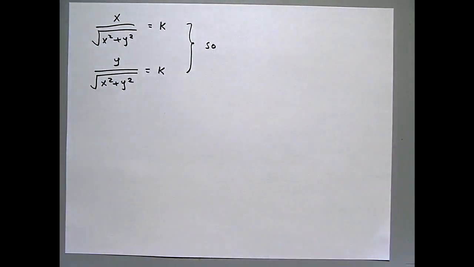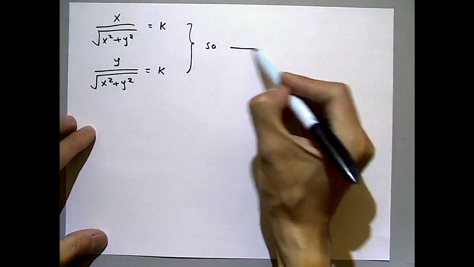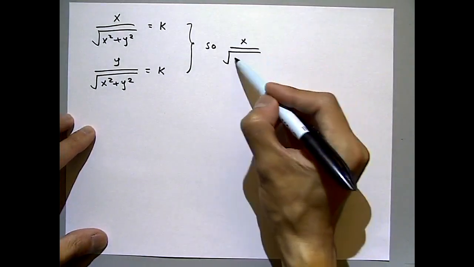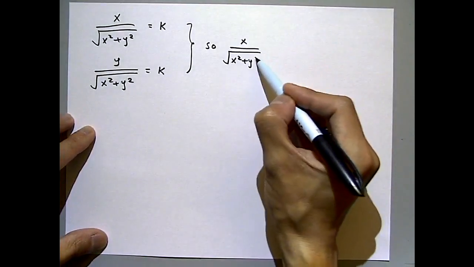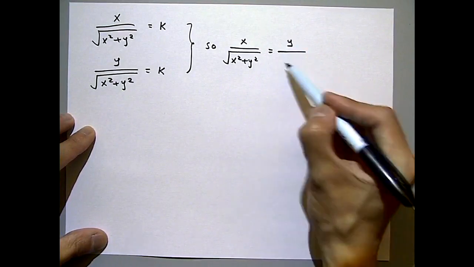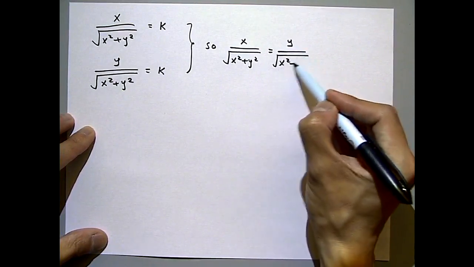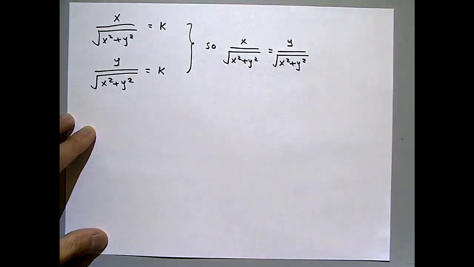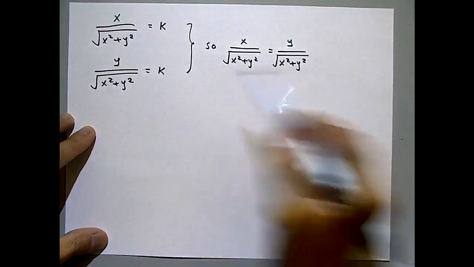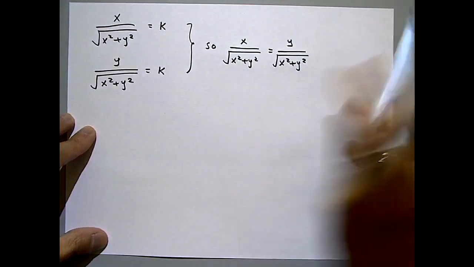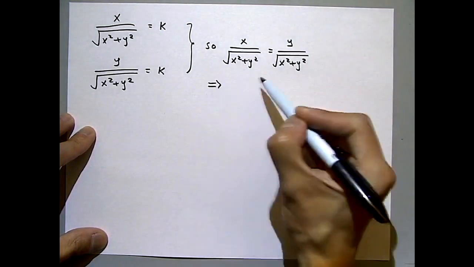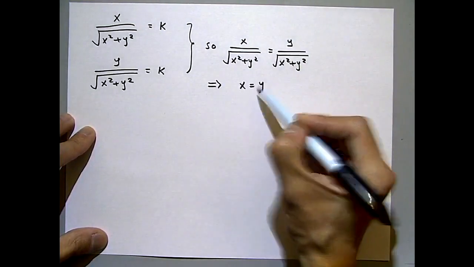And if both of these things are equal to k, then they have to be equal, right? So we're saying that x over radical of that thing is equal to y over radical of that thing. But in this case, this also means that x is equal to y.